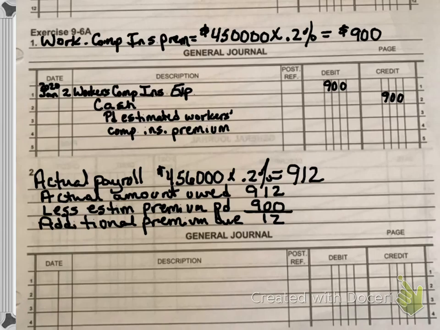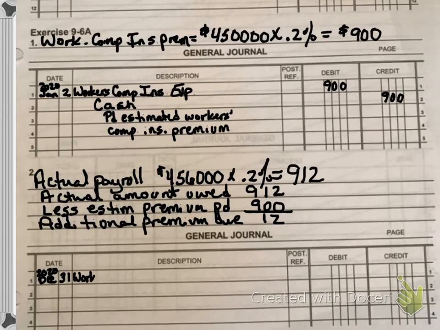And if you remember, we're calculating this as of December 31st, but we're not actually going to probably be able to calculate this until a few days after the end of the year. But in order for our books to be correct, this needs to be recorded as of December 31st. So the date of the entry is December 31st, and we owe an additional premium, so it's going to increase our expense and increase our liability.